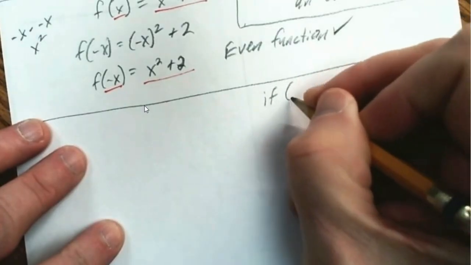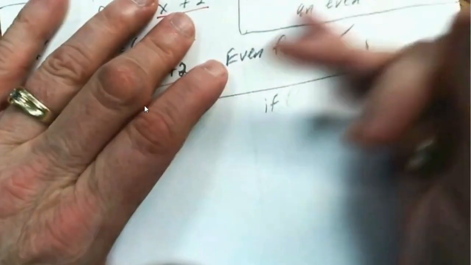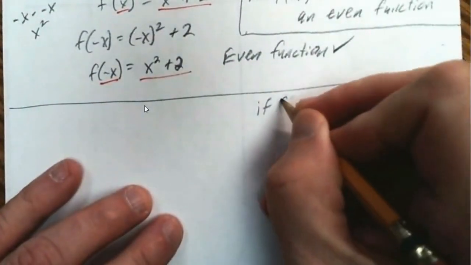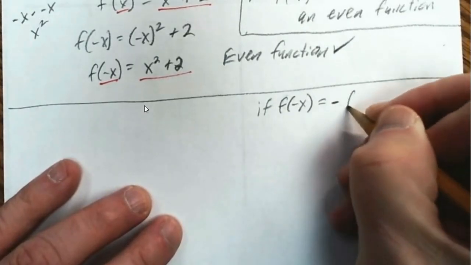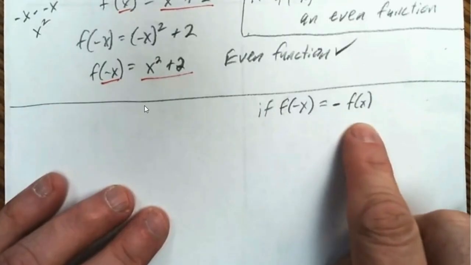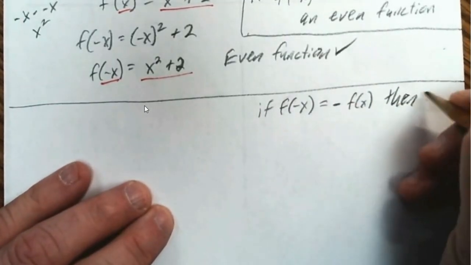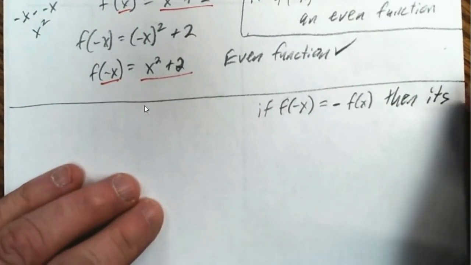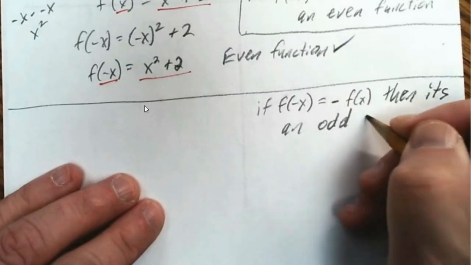If f of negative x equals the negative of f of x. Notice the negative is out front. That means everything is the opposite. Then it's an odd function. Okay.